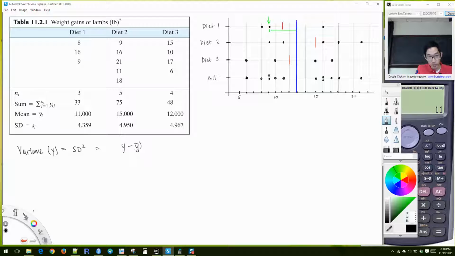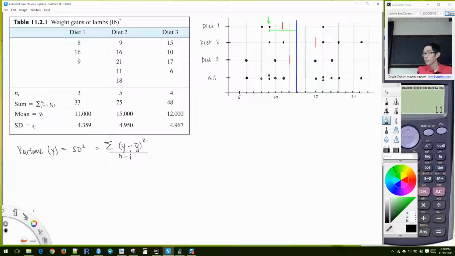So y bar. We square it, we add them all up, and we divide by n minus 1. Okay.